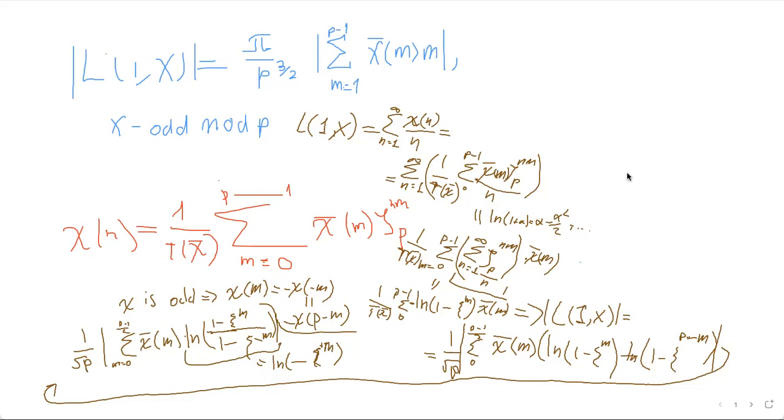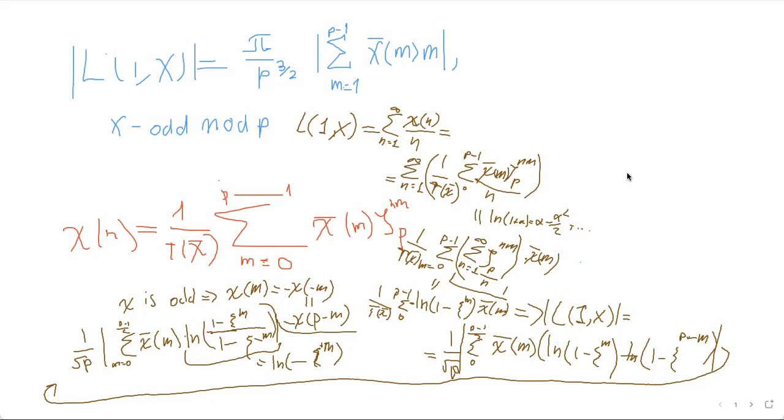So now you need to remember how to compute the logarithm of a root of unity. It's something about plus 2 pi I. Like we may guess some number.